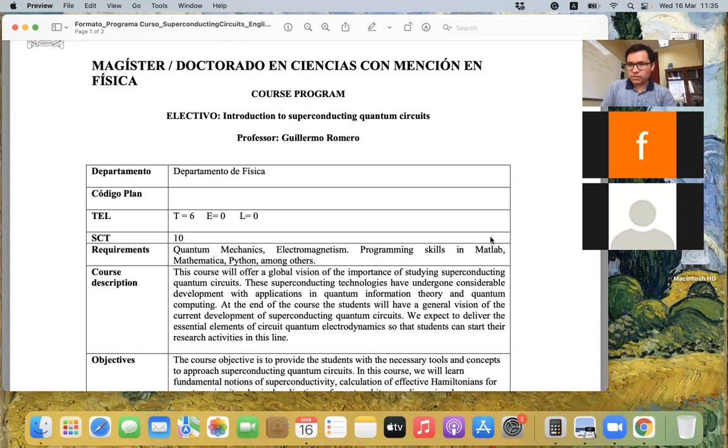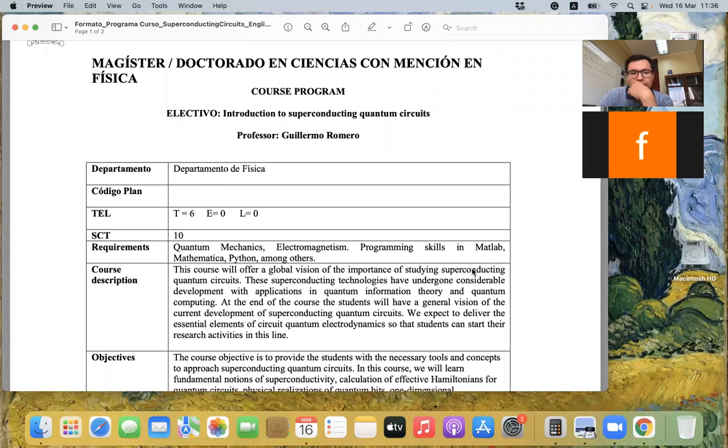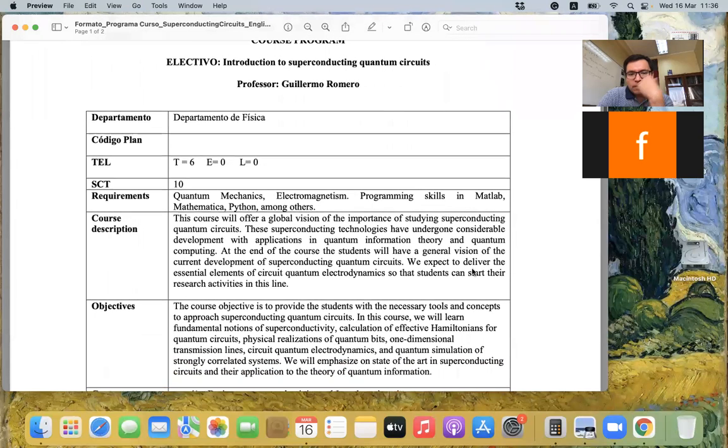Because in superconductivity, in the ground state, you have trillions of bosons that condense. And of course, I will provide the necessary tools for understanding the very basic things of superconductivity.